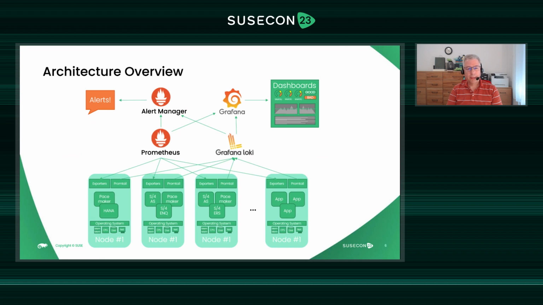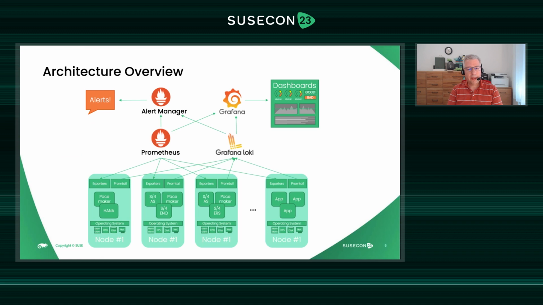Let's look a little bit deeper into the architecture here. On the SAP systems, you will have exporters that expose metrics to Prometheus, which queries those exporters in configurable intervals to collect this data.